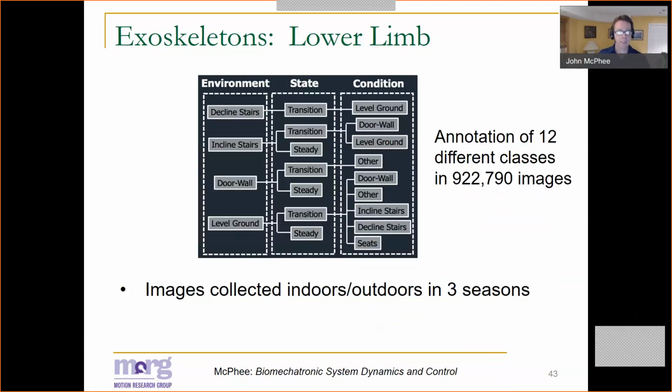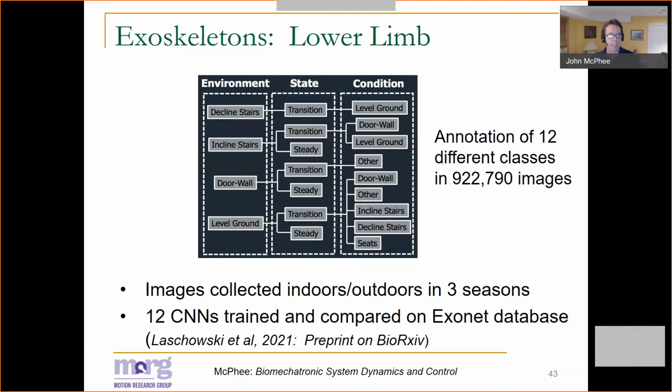These images were collected both indoors and outdoors across 3 different seasons in Waterloo, which means that we have a really wide variety of ground cover, including snow, fallen leaves, bright sunlight, and overcast days. So it's a very rich data set. We've used this data set now to train and compare 12 different popular CNNs. If you're interested in the results of this latest work, there's a preprint available on bioRxiv.